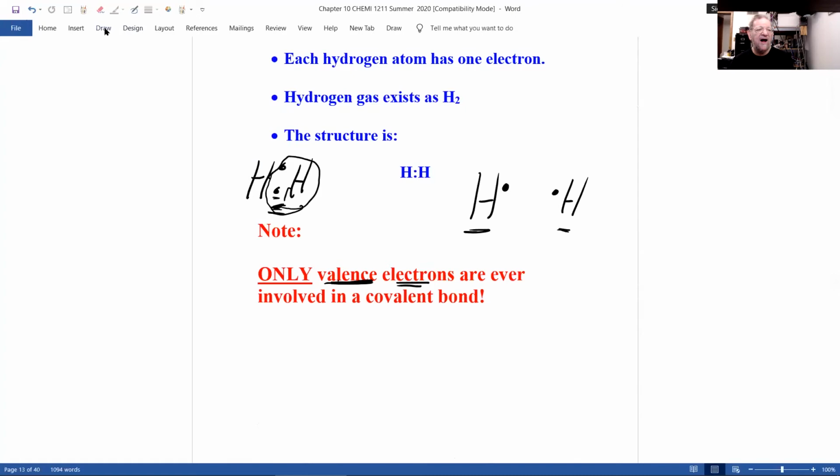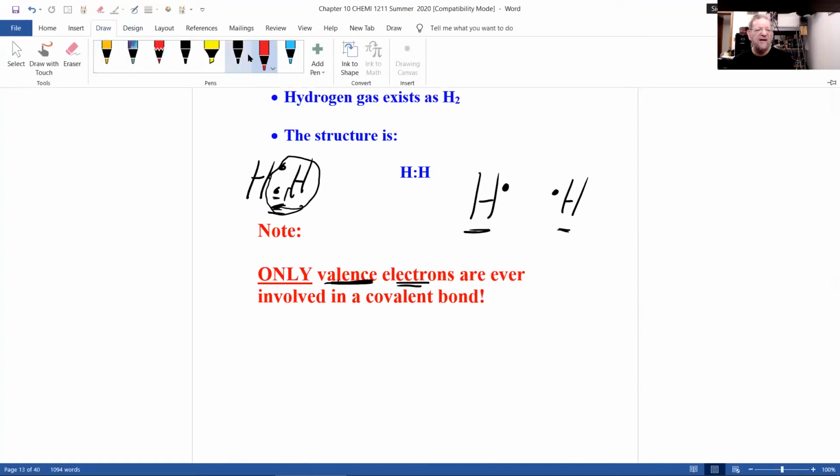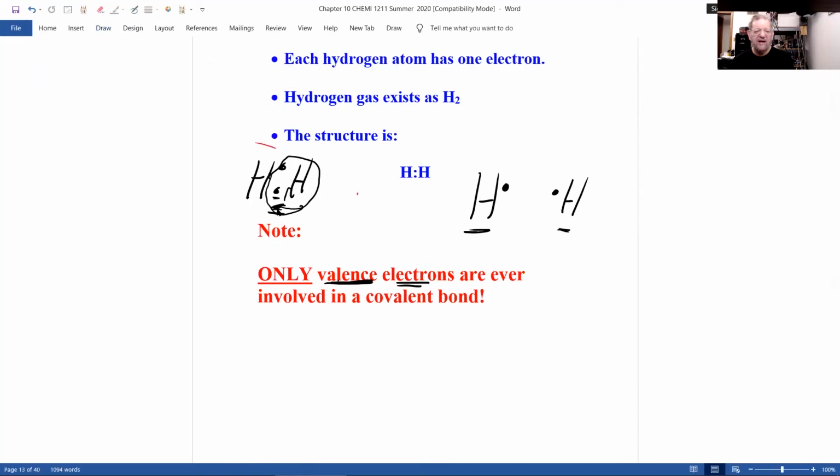And I could look at the other hydrogen and say this one has 2, the 2 it's sharing, so they both have their octet, but for hydrogen, the octet is 2.